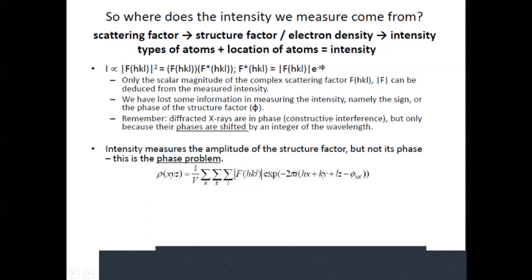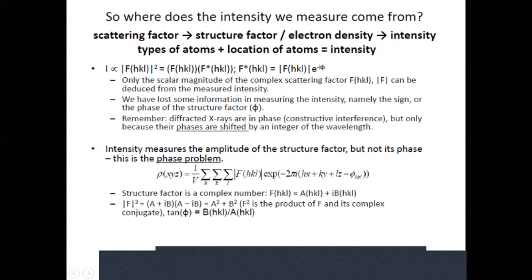So we have the intensity, we have the HKLs, and then we have the phase. So from this, we get the electron density at that XYZ position. So again, the structure factor is the intensity, F of HKL. Then we have the HKL indices, and then we have the phase component. So from all of this, we get the electron density of that particular region of space.